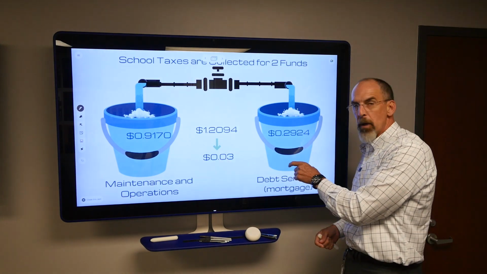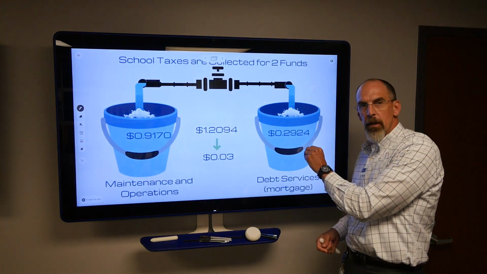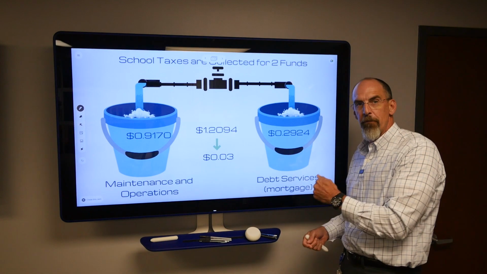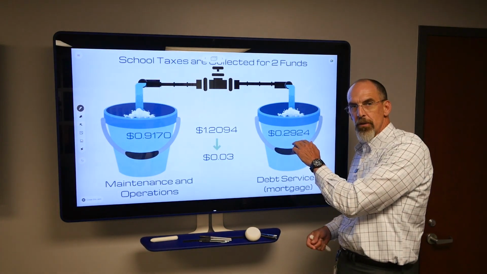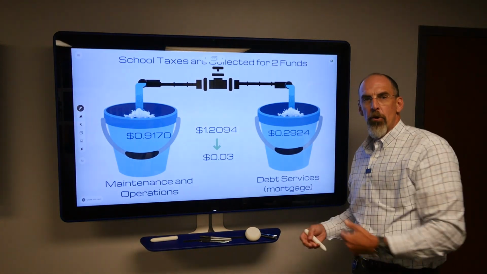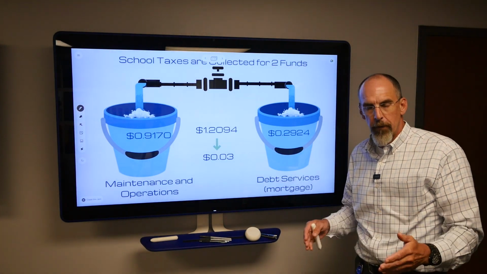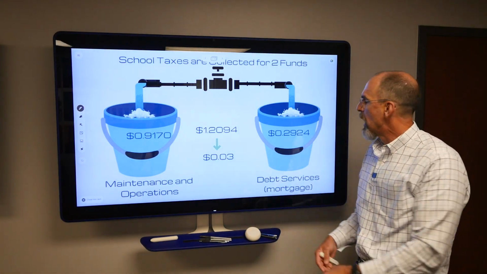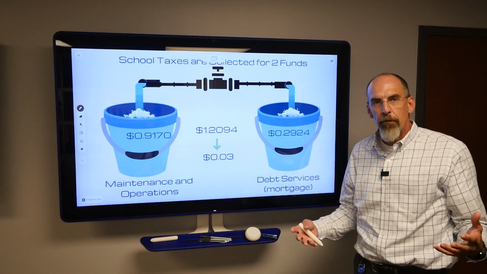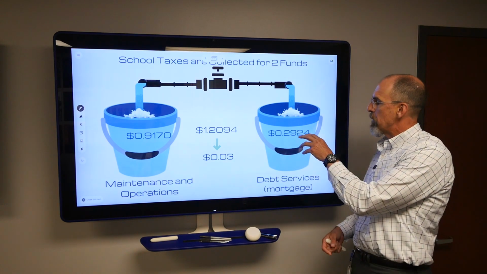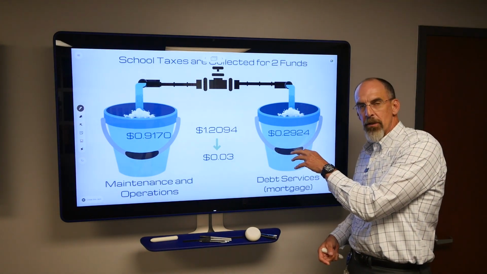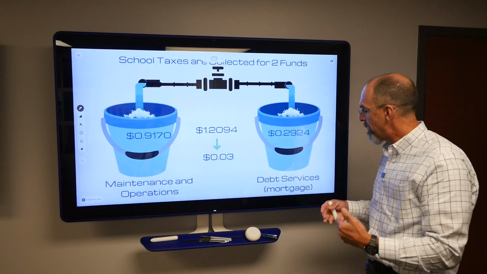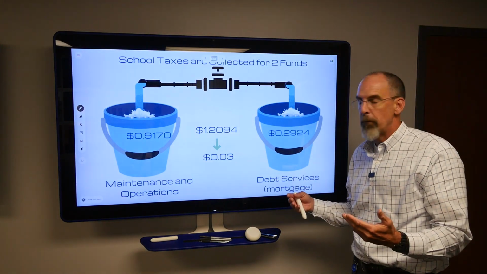In this bucket is the amount of money used to pay for our mortgage, 29 cents. This bucket is determined by our school board every year. When they pass the budget, based on what the values are for the district, they pass the amount needed to come out of school taxes to pay for our mortgage each year.